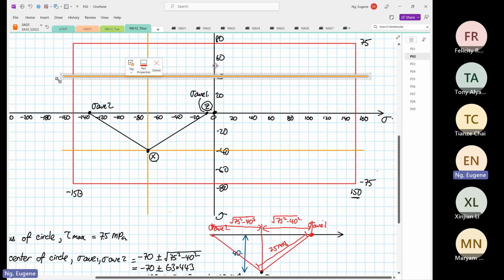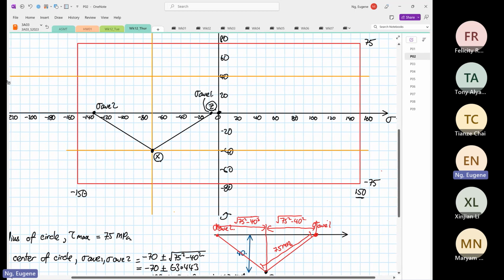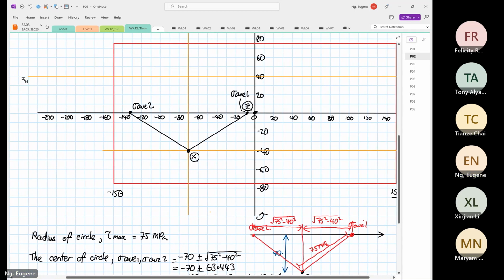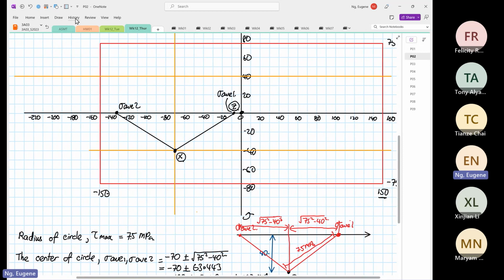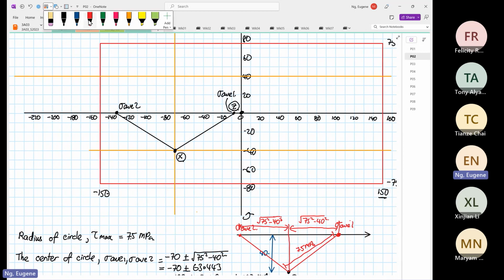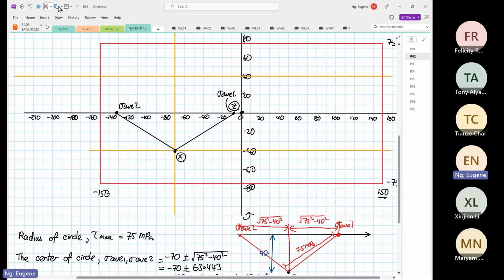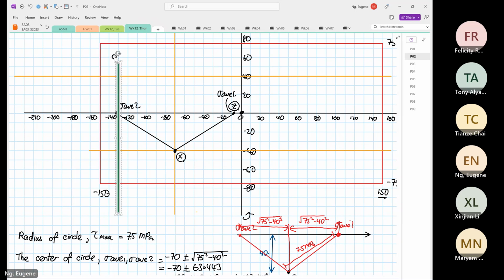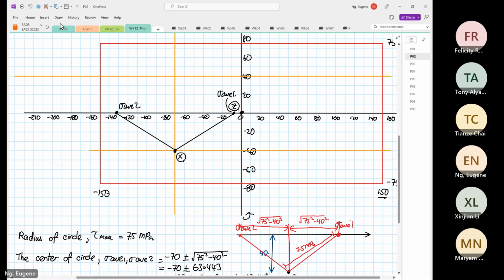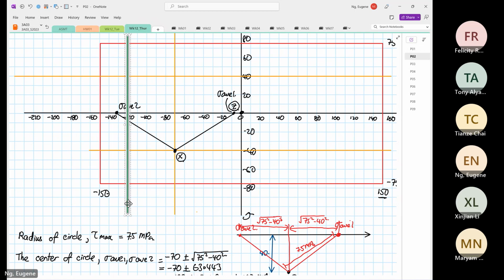I'm going to extend this if I could. Okay. So we know that is the center of the circle at stress Y2. Right, center of the circle.